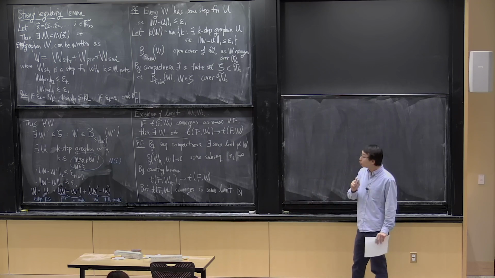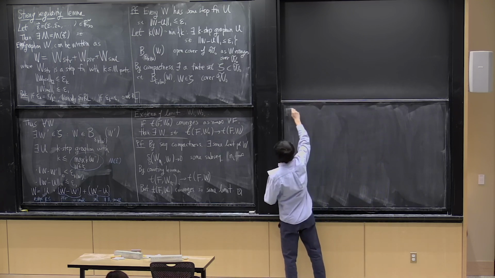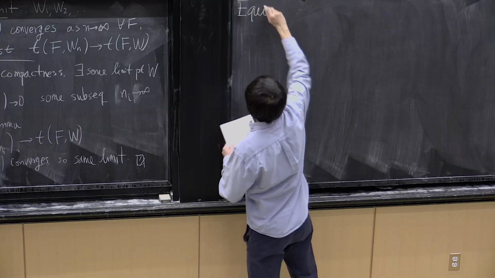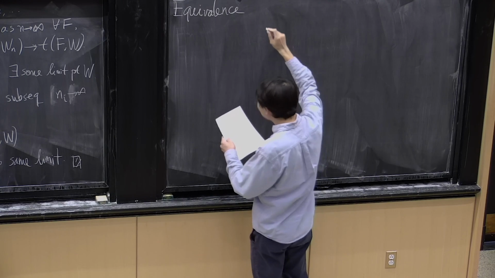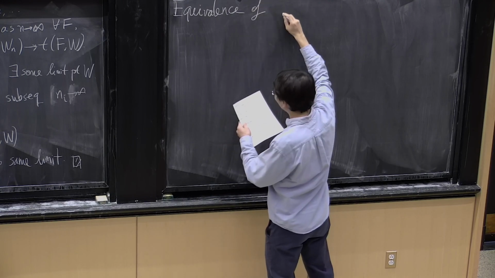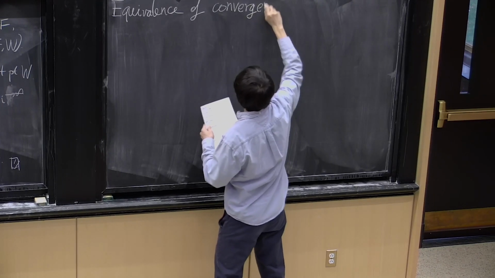Next, let's prove the equivalence of convergence. And this one's somewhat trickier. What we would like to show is that these two notions of convergence, one having to do with F densities and another having to do with cut distance, are equivalent to each other.